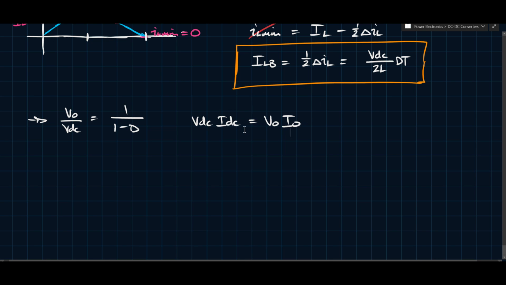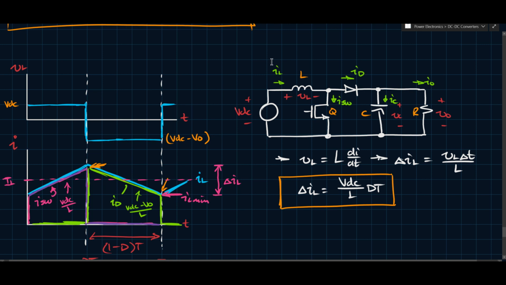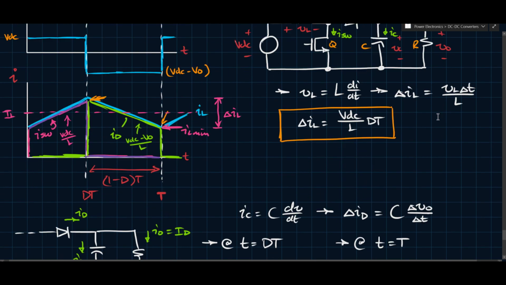And this is the DC side current, or DC source current, so IL basically in this case. So conveniently enough, I can use VDC and VO to relate IL to IO. So I don't need to go through all the analysis of figuring out what's what in the intermediate parts. I can do that too, but this is a simpler approach.